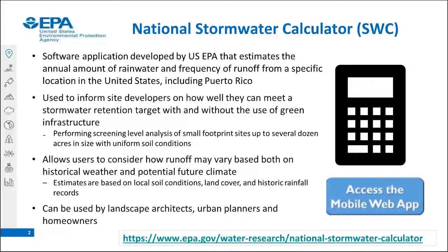To view this webinar today on applications of the National Stormwater Calculator in the Great Lakes region. I'm assuming many of you are familiar with the National Stormwater Calculator. It has been available for public use since 2013, and it's used for screening level analyses of urban stormwater runoff for small development or construction sites. You can use it anywhere in the United States, including the Virgin Islands, Puerto Rico, Hawaii, and Alaska.